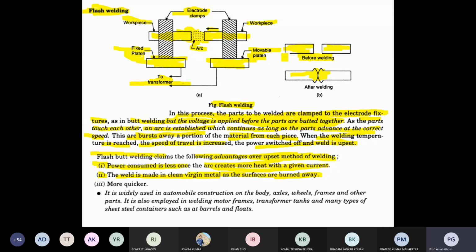Everything is given as per the standard. If you go to the RSP machine shop or winding shop, you can see different parts and important features. So testing is important.